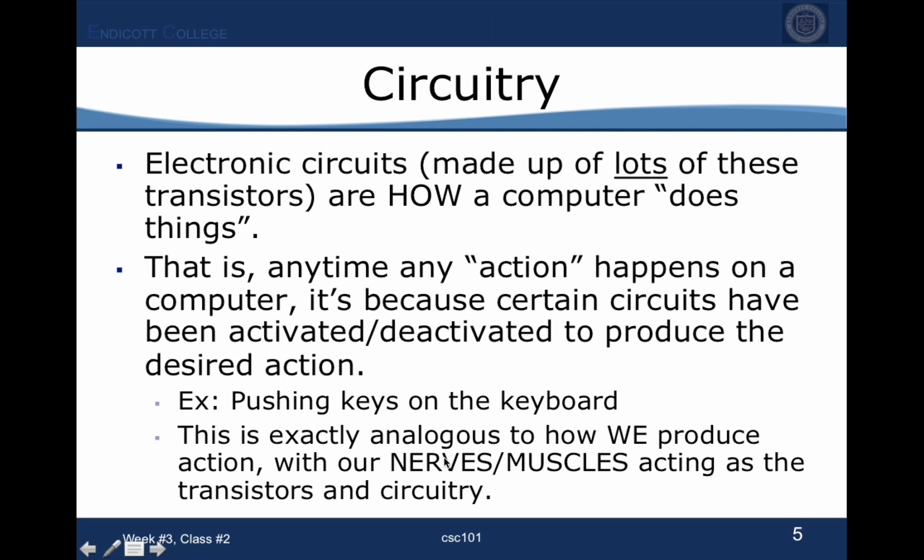And in our bodies, how do we do this? I know we don't think about this a whole lot, but how we make action happen in our own bodies is actually the same principle. We get an idea in our brain, we send a message through our nervous system to our muscles, and that causes our hand to move up.